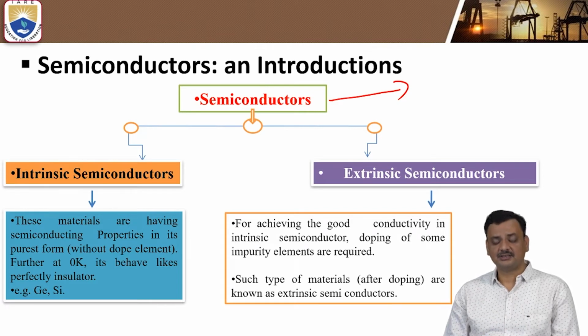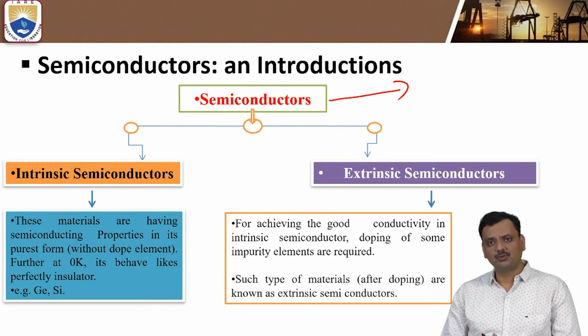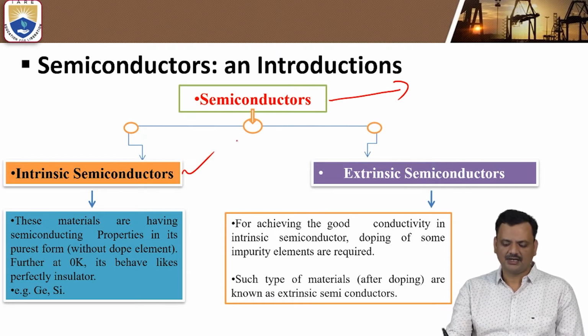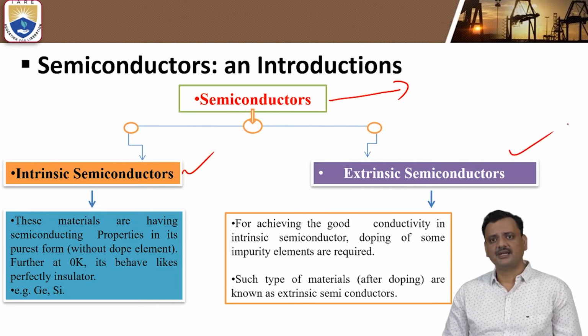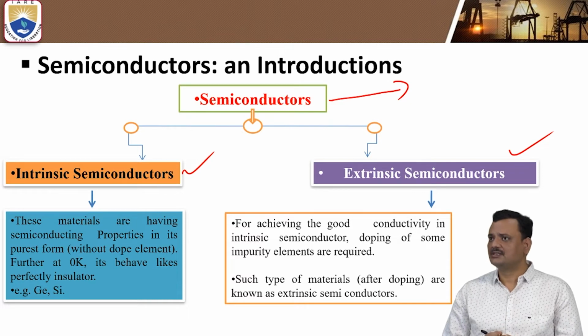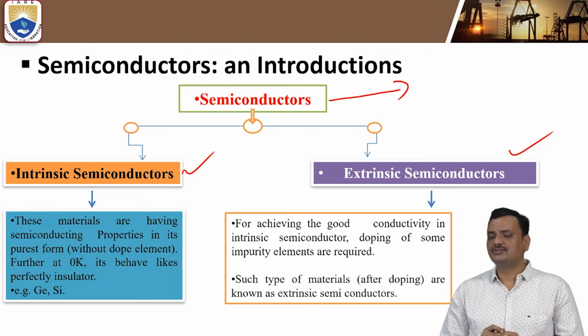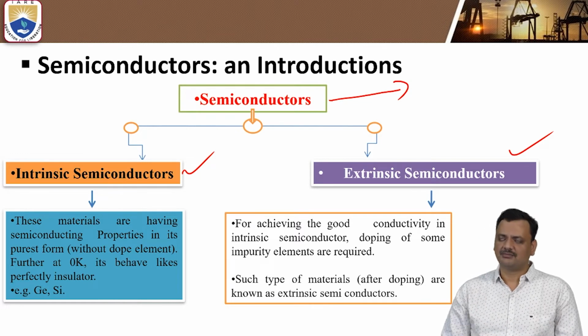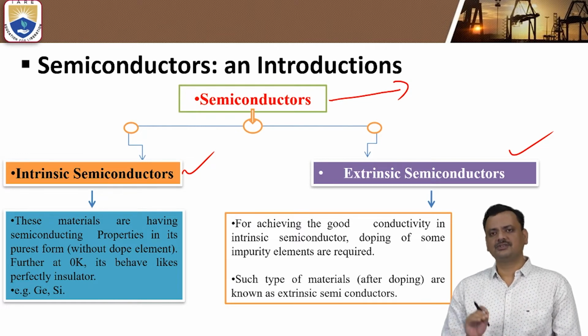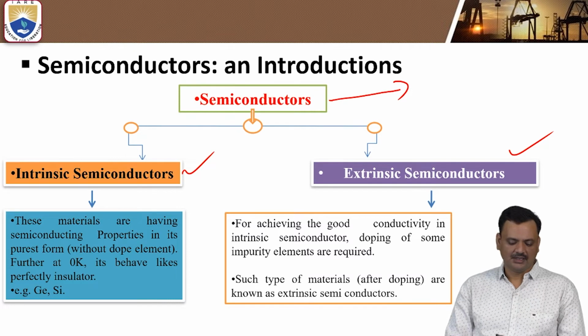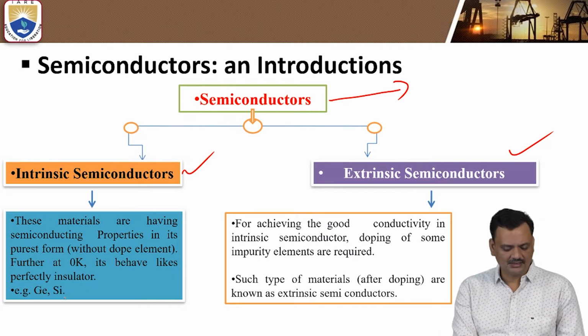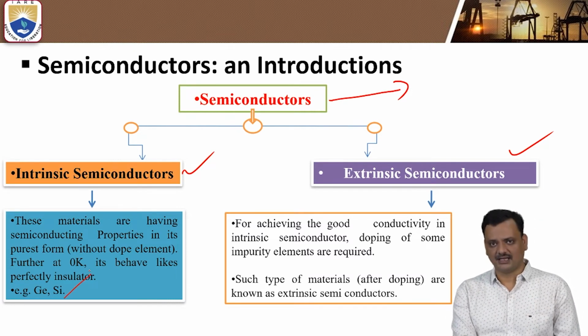Semiconductors are basically of two types: intrinsic semiconductors and extrinsic semiconductors. Intrinsic semiconductors are materials which show insulating property at 0 Kelvin, but if we increase the temperature, they show some conducting behavior. Examples of this class are germanium and silicon.